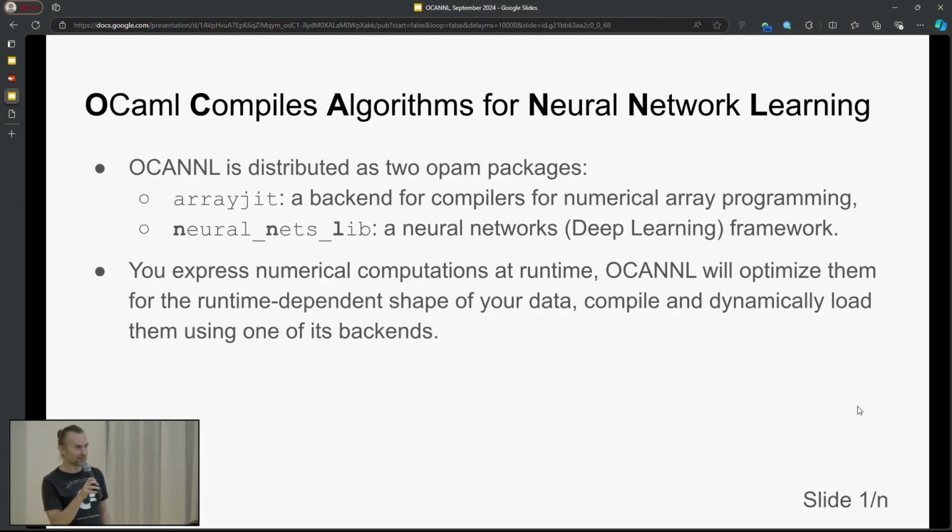Hopefully someday the ArrayJIT package would be helpful for other approaches to numerical programming in OCaml. And OCANNL compiles at runtime to efficiently execute numerical programs.